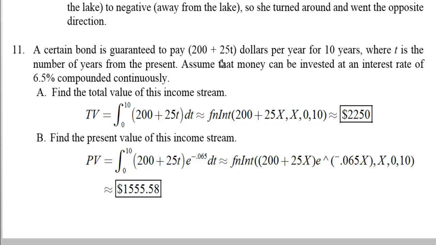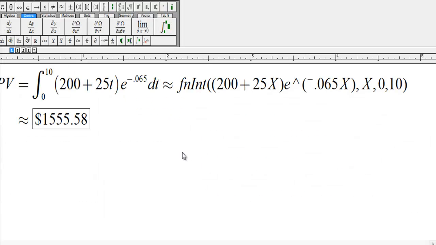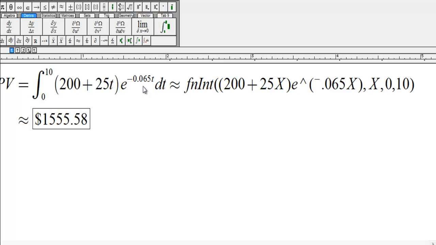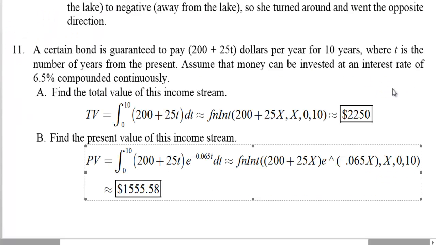So we just multiply that flow rate, 200 plus 25t, times e to the minus 0.065t, and then integrate that, and so that's $1,555.58.